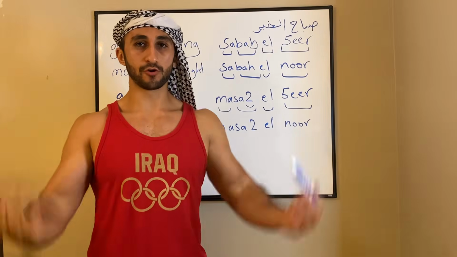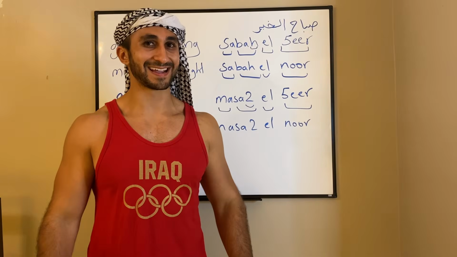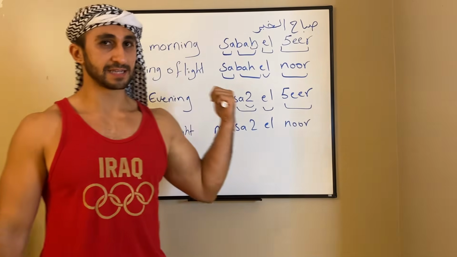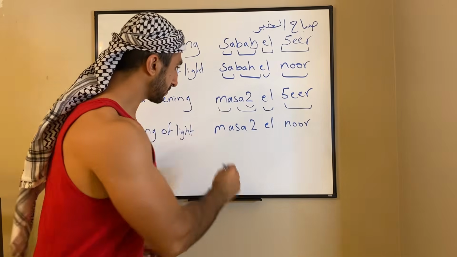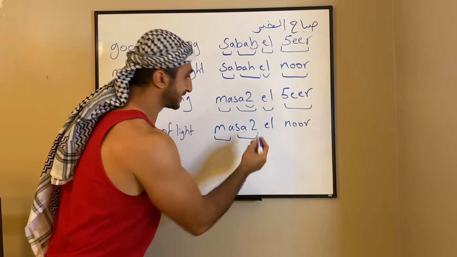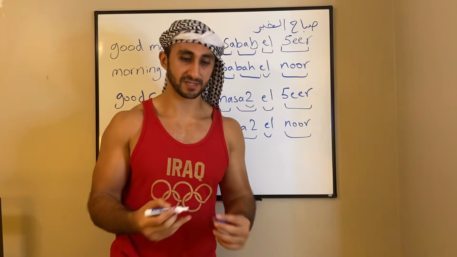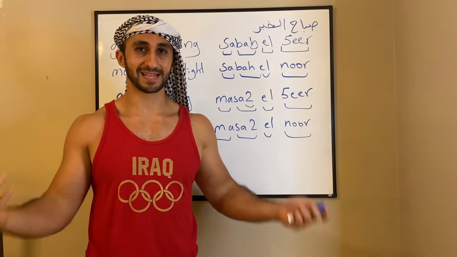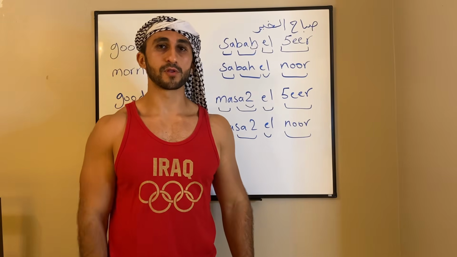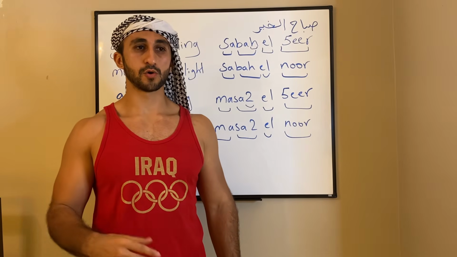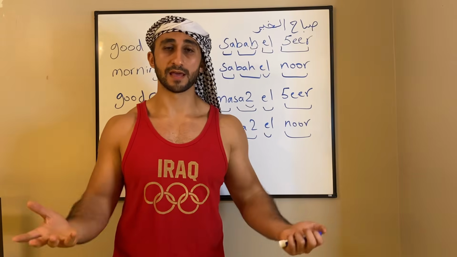That's good evening. How do you answer? You don't say good evening again. We say evening of light, like with the good morning: masa el nur. Nur is very easy to pronounce. It just means light, and a lot of people name their kids Nur.